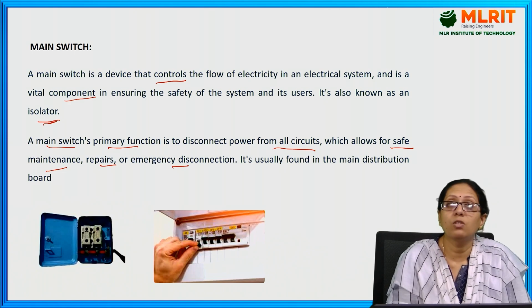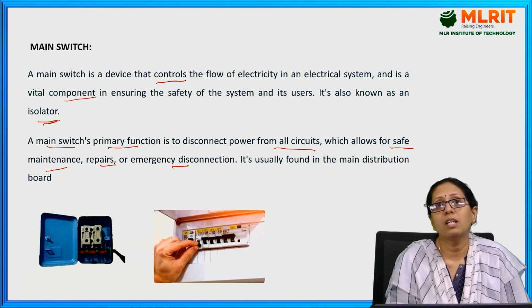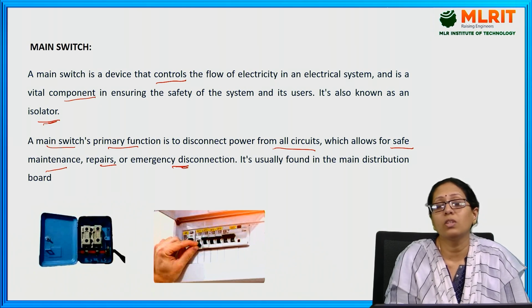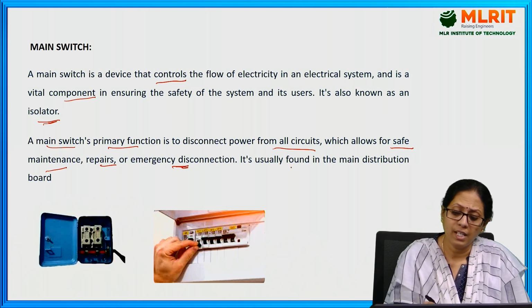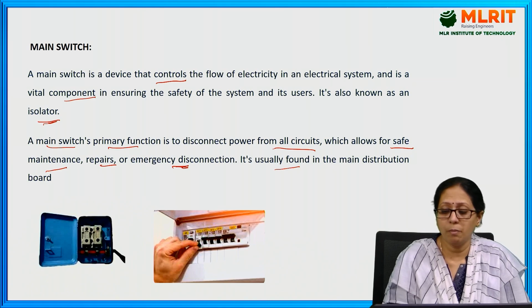The main switch allows us to do maintenance and repair work, and it is also used for emergency disconnections. It is usually found in the main distribution board.